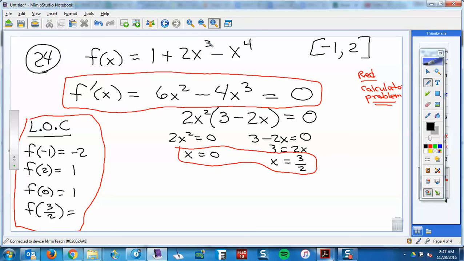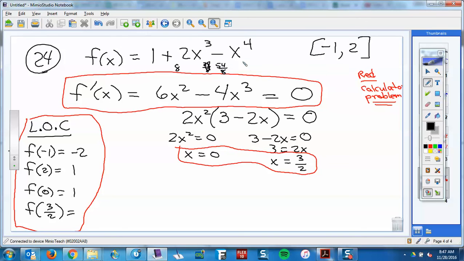And then 3/2. So 3 cubed is 27, and 2 cubed is 8. And then times 2, that'd be 54 over 8. What's that? Almost 7? 7 plus 1 is almost 8. Usually you can get in the ballpark, right? If this was a test, I would be trying to get that a little more accurate.